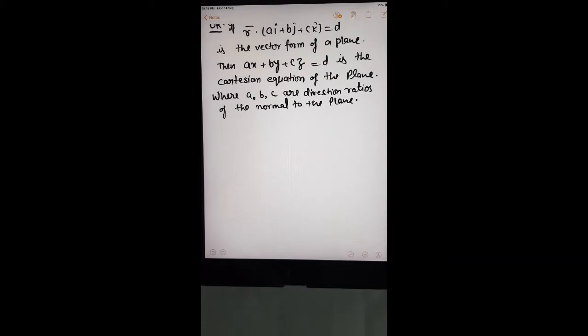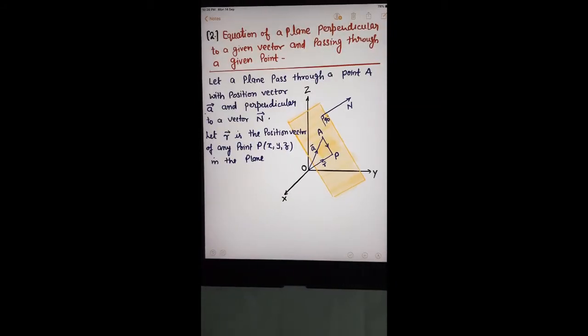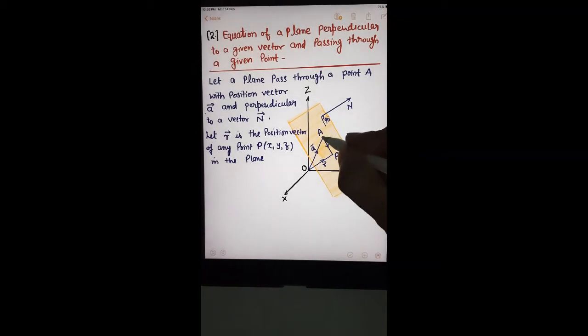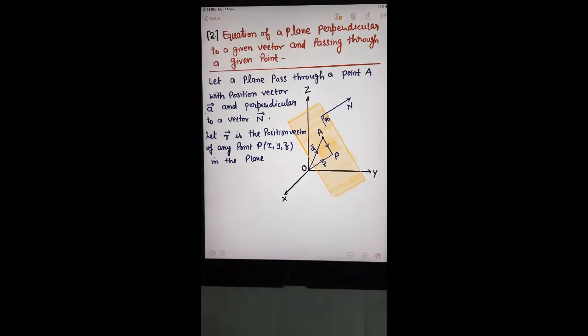Now let us see the second form of equation of plane. So we are going to find the equation of a plane that is perpendicular to a given vector and passing through a given point. Let a plane pass through a given point A, and the position vector of this point A is small a.